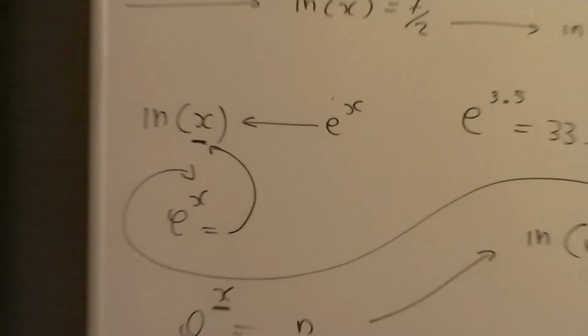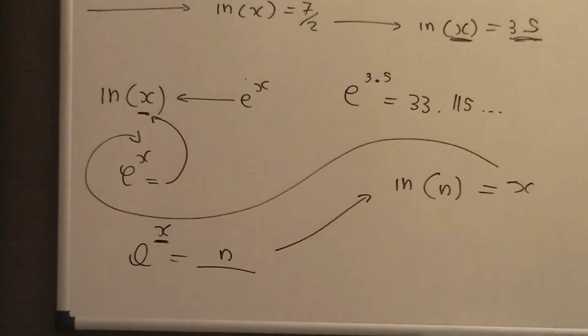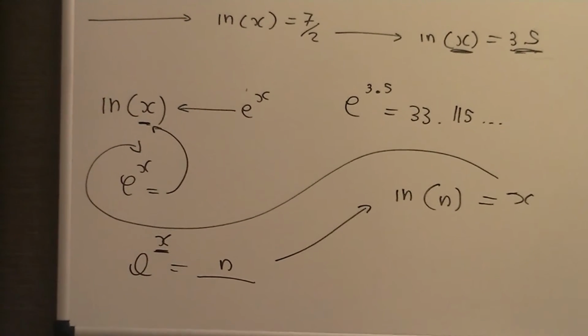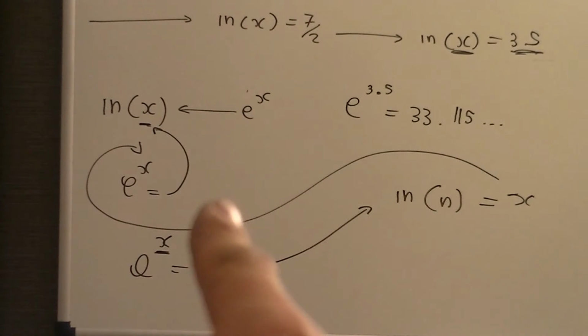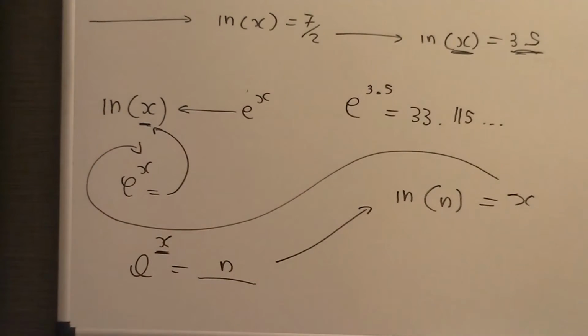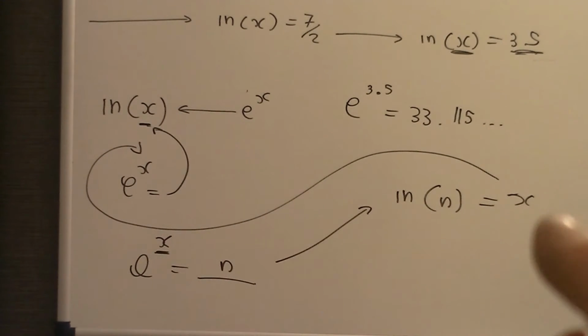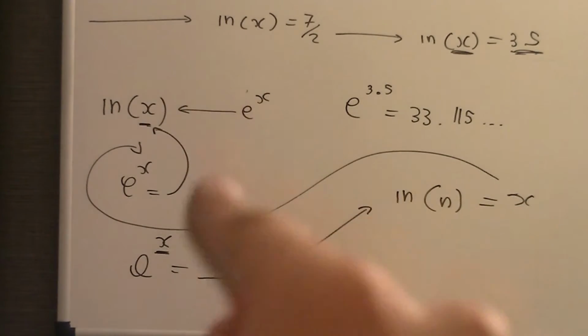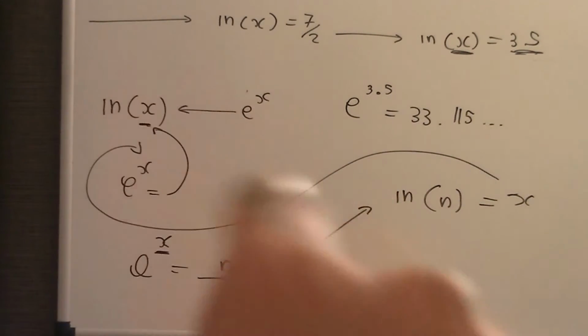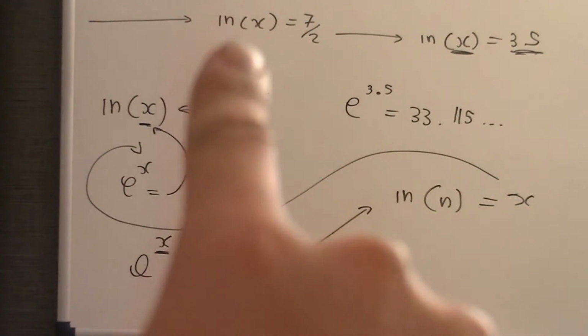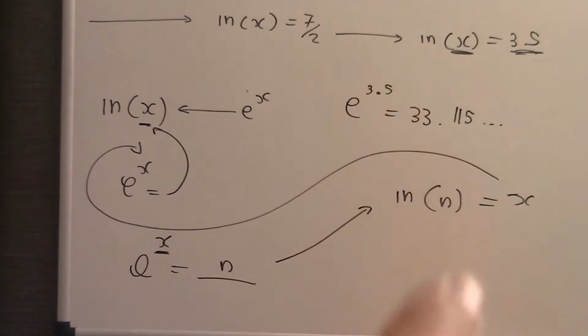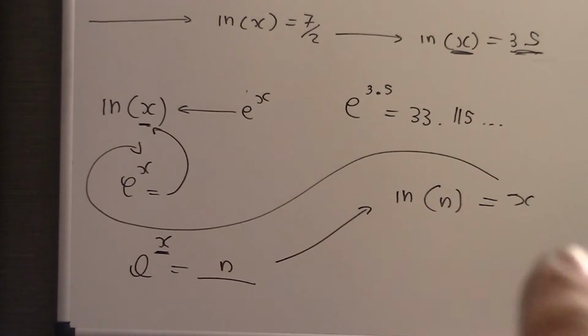Has it? Oh, it hasn't zoomed out. So hopefully, okay, so that e to the power x there, we're going to call that equal to n, and that is that number there, and then that x there is equal to that. And basically, this equation here, where we had e to the power ln x equals 7 over 2, was that equation there.